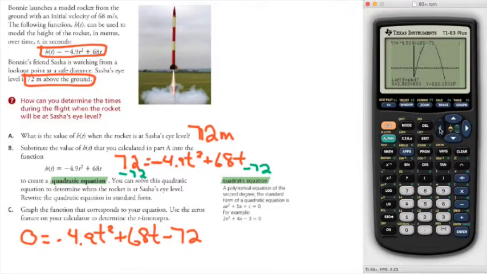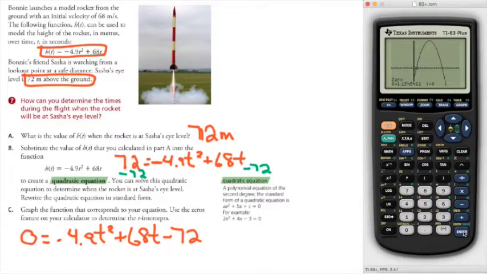So I'm just going to scroll back until I get just to the left of that point. And I'll hit enter. The right bound, now I have to be to the right of that point. So I'll scroll a couple of times until I'm to the right of it. I'll hit enter. Wants me to guess. It wants me to get close. So I'll move back. That's probably as close as I could get. Hit enter again. Allow the calculator to calculate.